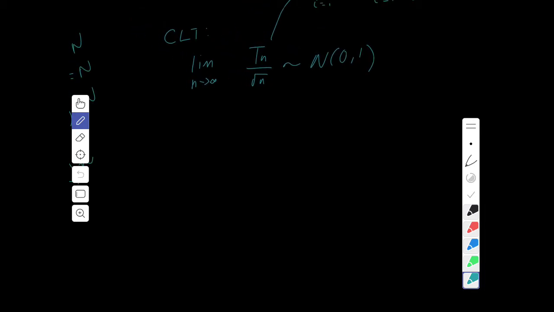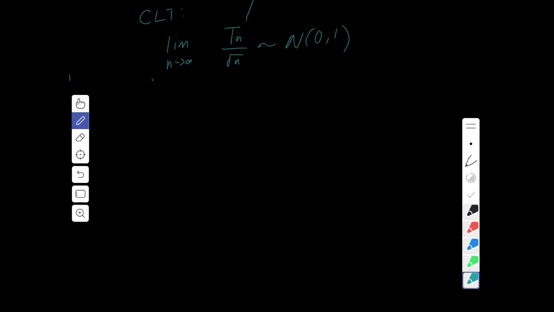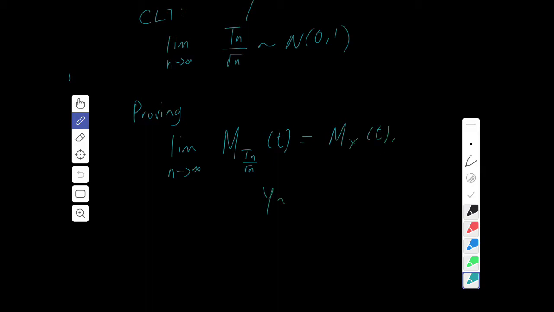So basically, proving this central limit theorem is the same thing as proving that the limit as n goes to infinity of the moment generating function of Tn over root n, of t, is equal to the moment generating function of some, I can't call it z because I already have z, of some y variable, of t, where y is a normal 0, 1.